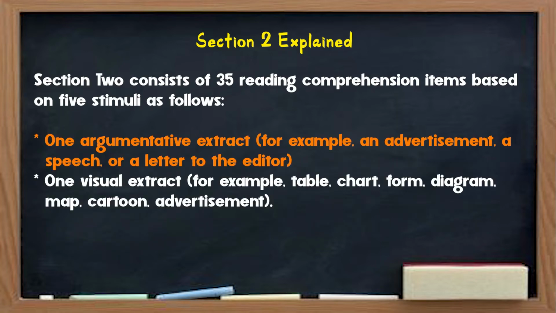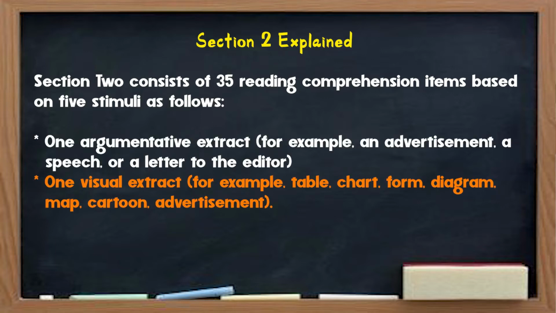Section 2 also includes argumentative extracts, maybe from an advertisement, speech, or a letter to the editor. And finally, there are always visual extracts in your Section 2, where you will have questions based on maybe a table, chart, diagram, map, cartoon, or even an advertisement.